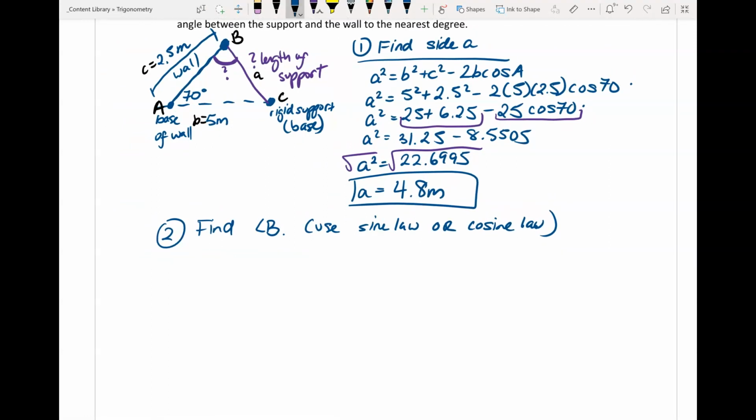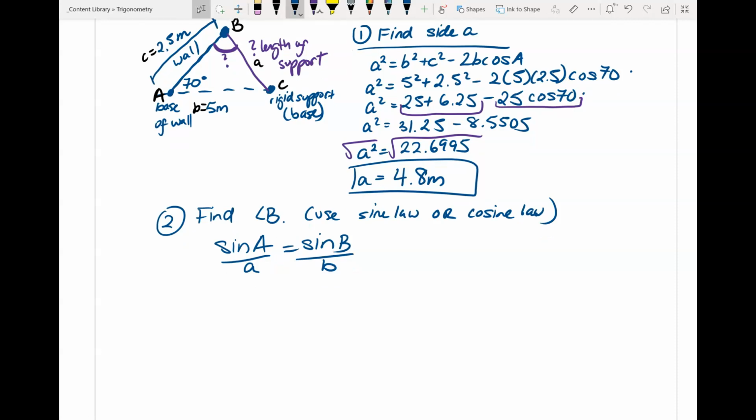So we're trying to find angle B. We have side B, and I also have both angle A and side A. So for sine law, we're going to use sine A over A is equal to sine B over B. Again, I have both angle A and side A, and I also have side B, so we can find angle B. Now I'm going to fill in my information.